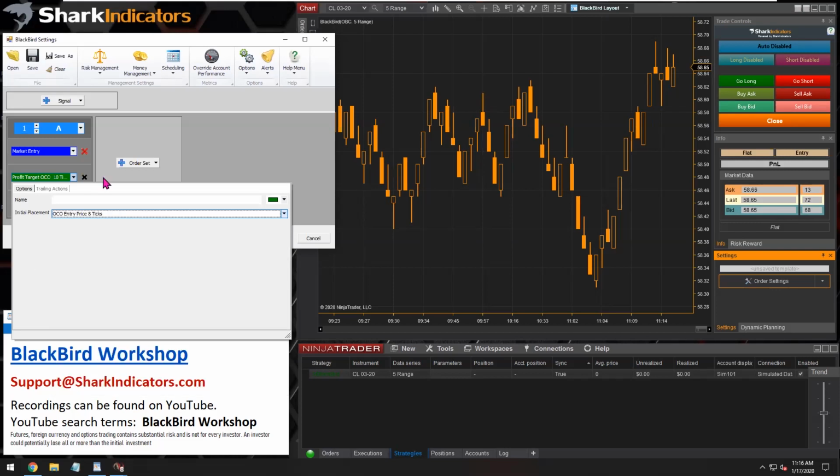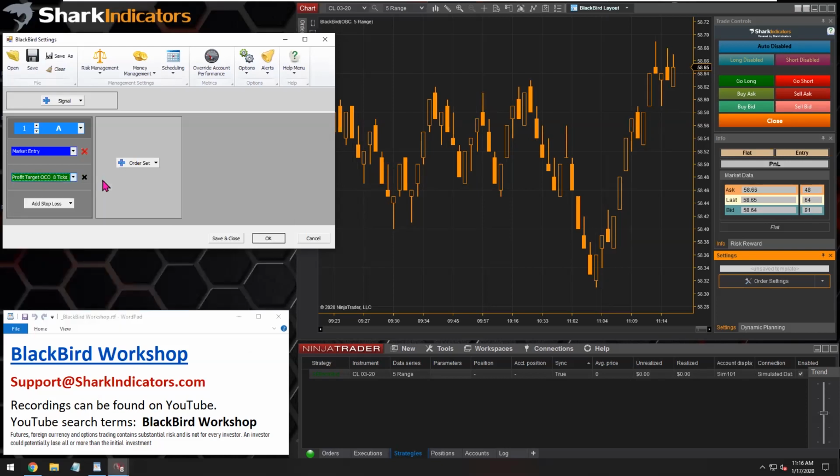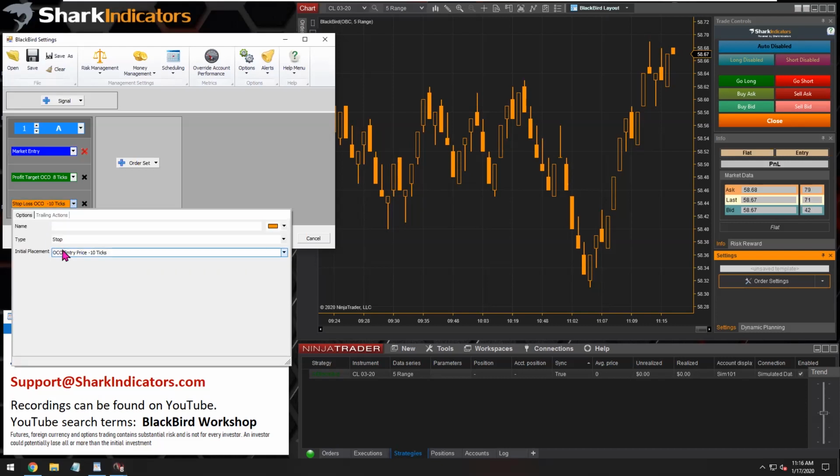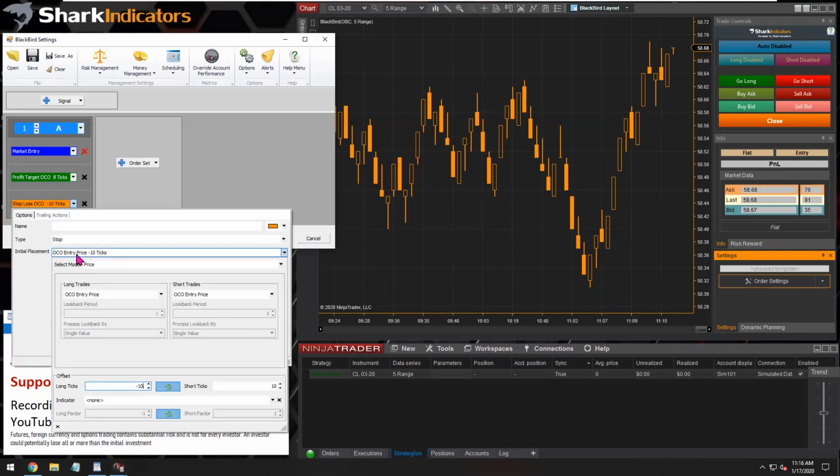So there's an 8-tick profit target, and then the stop was a 32-tick stop loss. Again, I'm just going to use the 10-tick from the quick list, open up the initial placement, and then modify this down to 32 ticks.